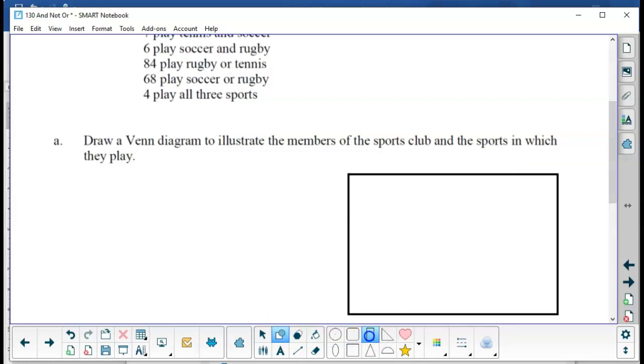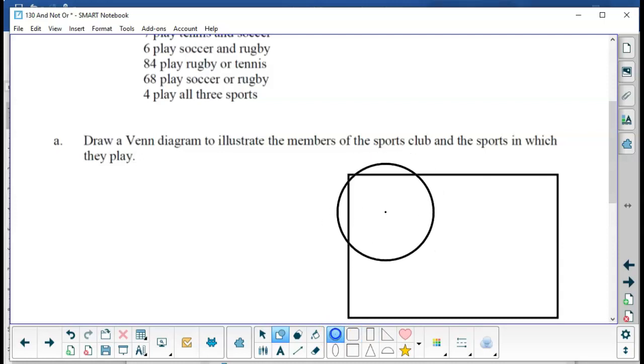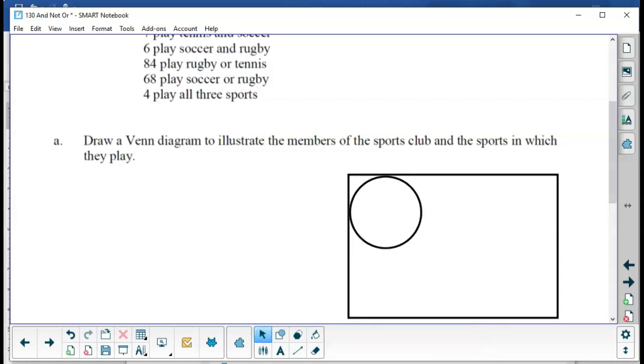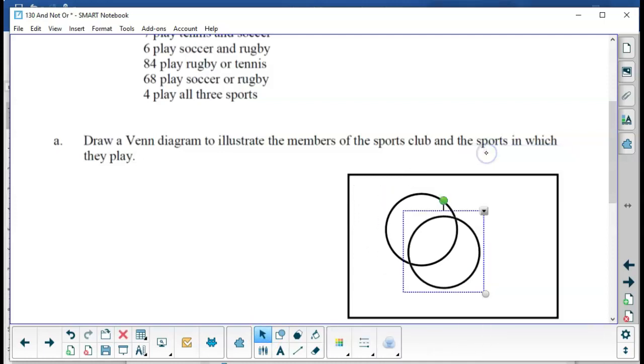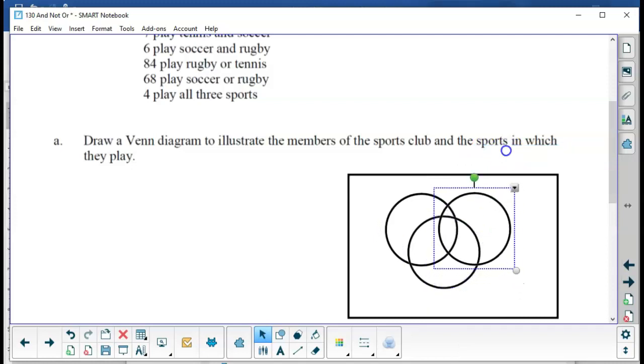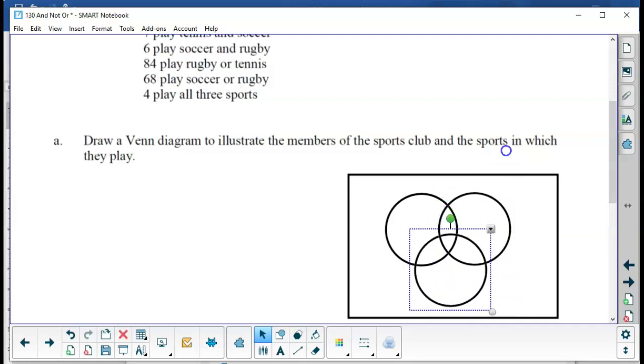There we go. There's a rectangle. I'm going to do 3 circles. And then a cone. Looks like the Olympic rings, except there's only 3 of them.